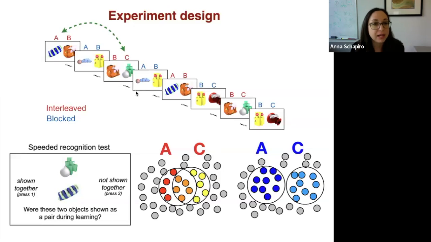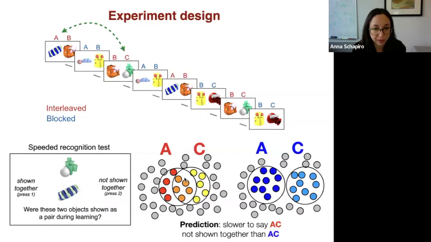And that's because if you're shown a trial like this, where you have these two indirectly related objects, and you've built up this directly overlapping representation between A and C, then this judgment becomes confusing because it's going to be harder to say, no, I didn't study A and C together if you've built this directly overlapping representation of them.